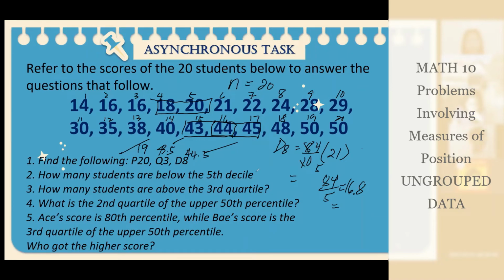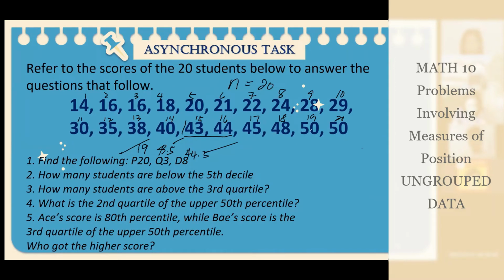Whenever you see decile 5, quartile 2, and percentile 50, those are all the same as the median. Let me erase the boxes to make it clearer. If it's easy to locate the middle in the given data, then no need to solve.